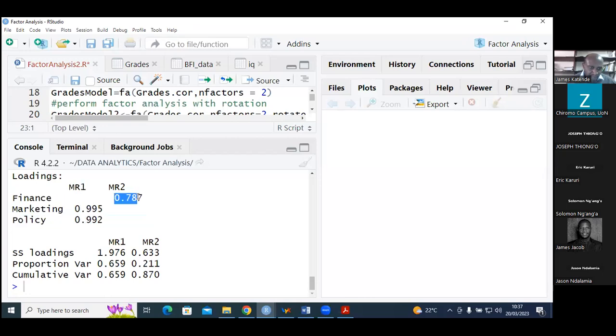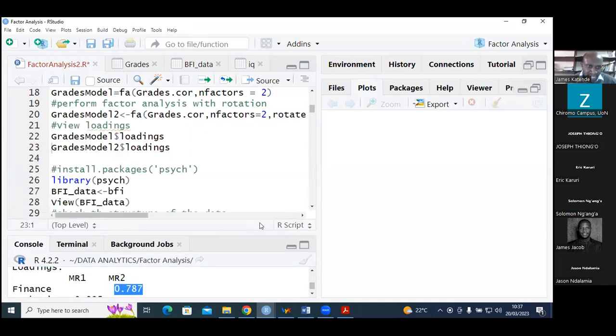That seems to suggest that this one measures the quantitative ability. But ideally, you should always have more than one variable, at least 4 or 5 variables per factor for it to be reliable. This was just a simple example to illustrate what happens, but it's not ideal.